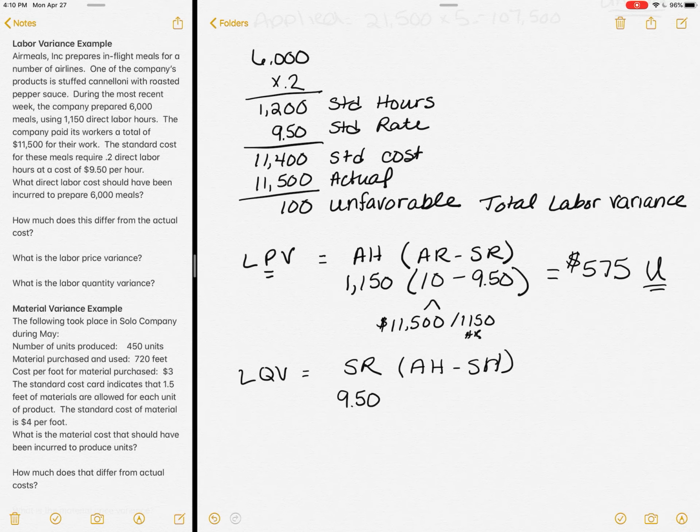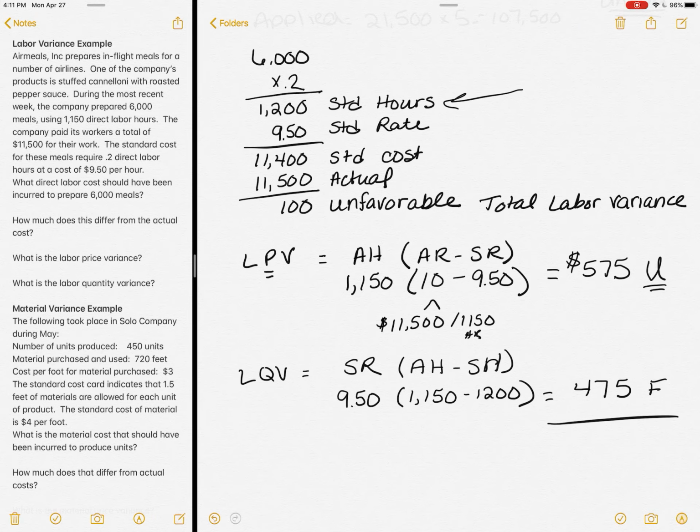I also know that my actual hours were 1,150, and I found my standard hours right here, which was 1,200. Therefore, if I do the math there, my difference comes to 475. Is it favorable or unfavorable? Well, let me see. The actual hours I used was less than what I should have, therefore it's favorable.